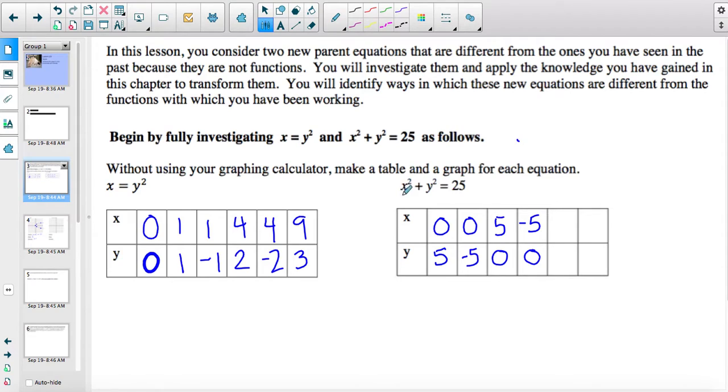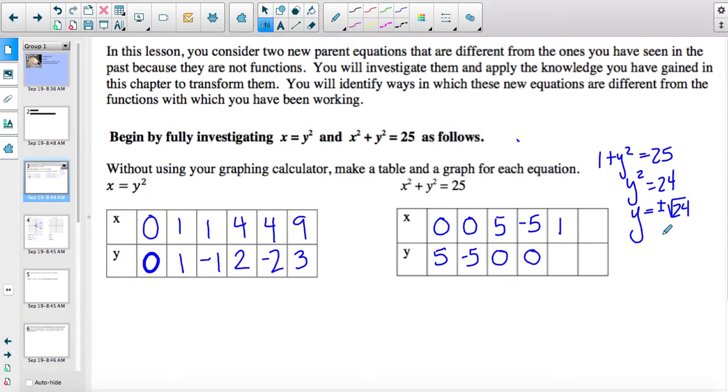If I pick a number 1 in here, I'm going to get a real funky square root. For example, if I picked x as 1, I would get 1 plus y squared equals 25. Y squared equals 24. Y is equal to plus or minus the square root of 24, which is not a very easy number to deal with, is it?